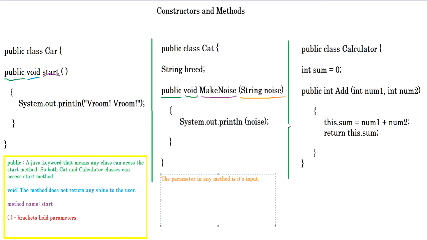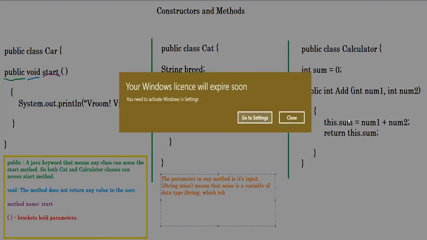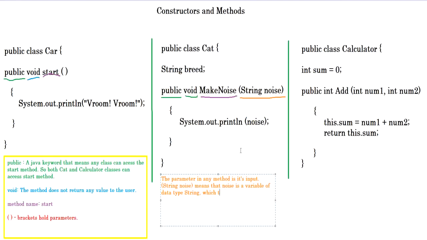In this method, noise is a variable of data type string, which the user is going to have to enter as an input.